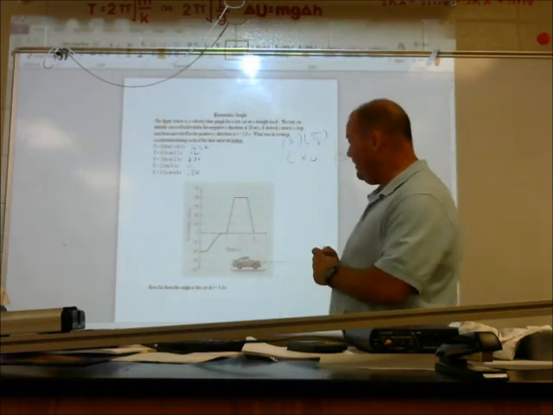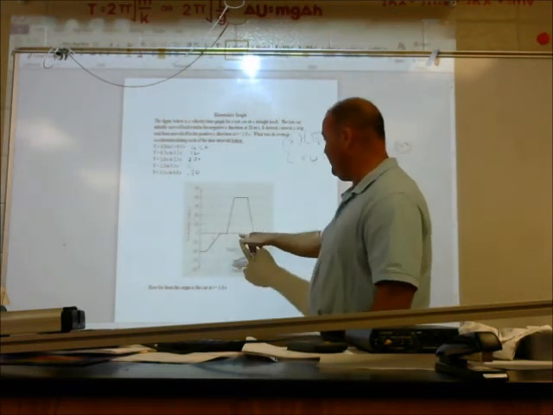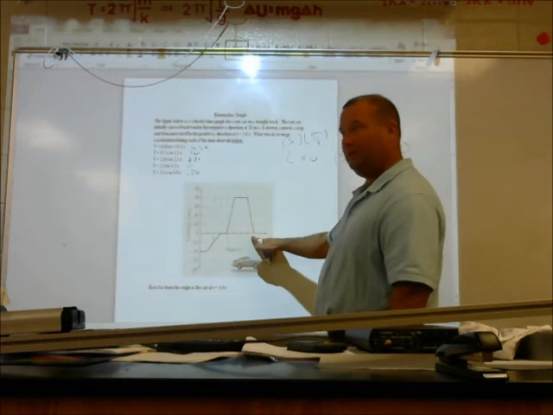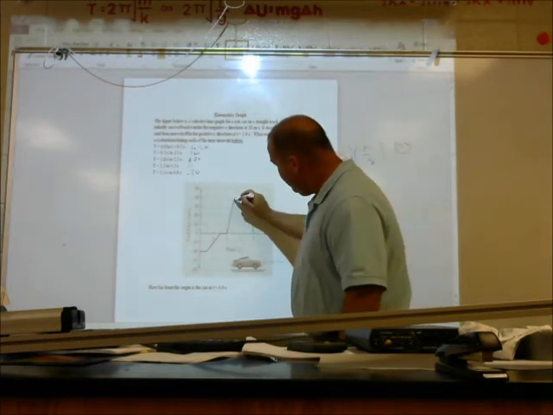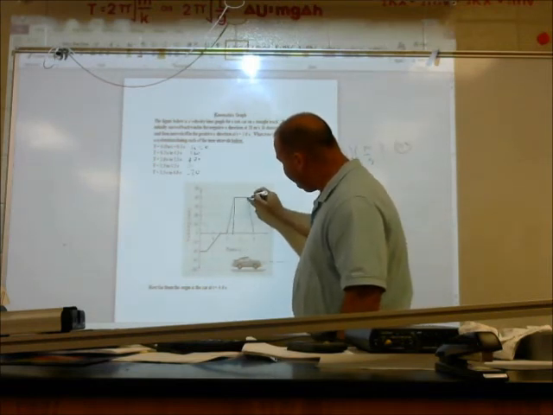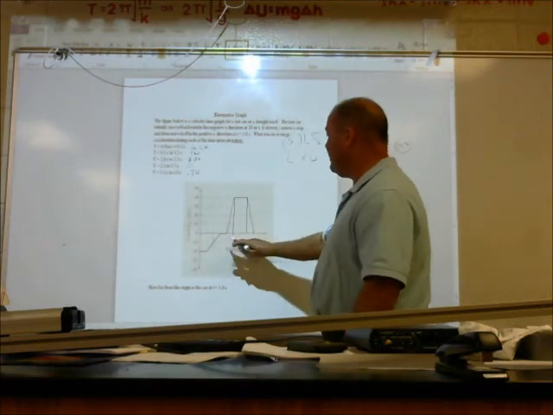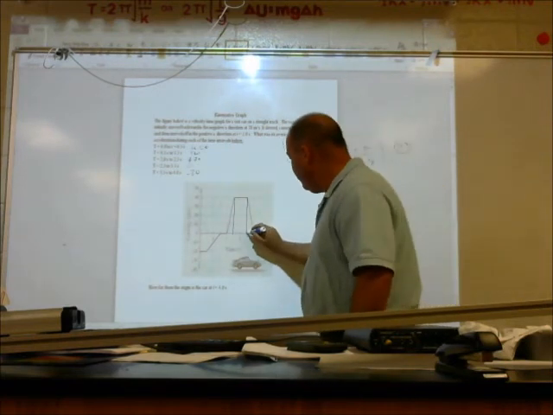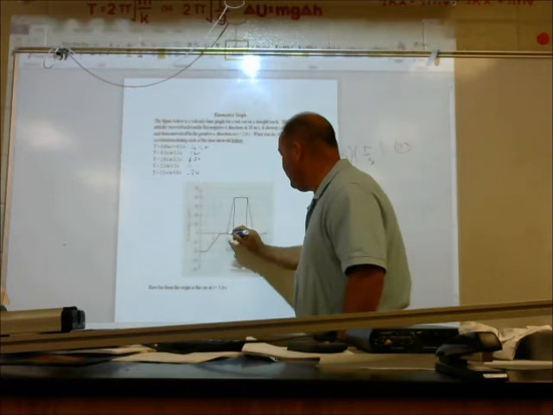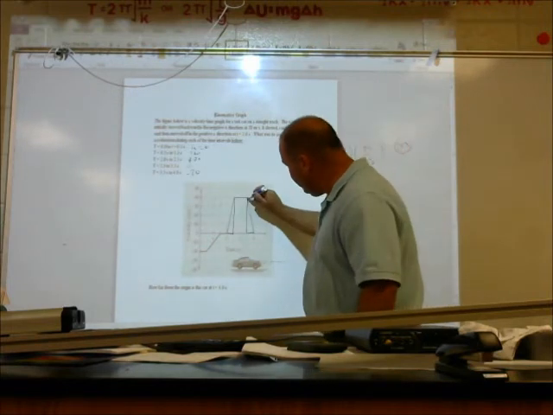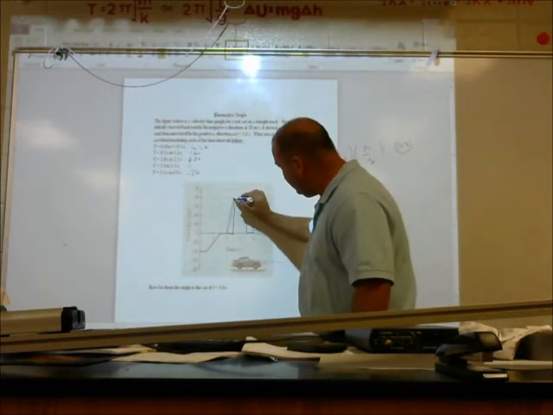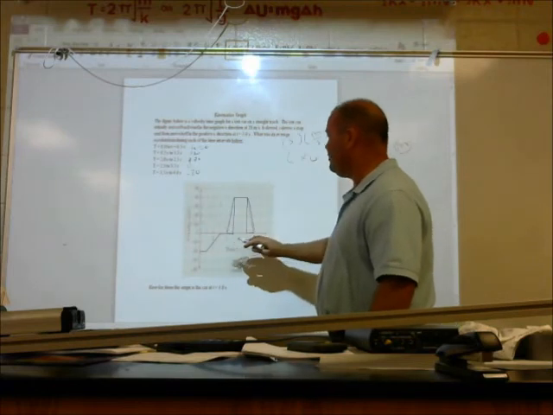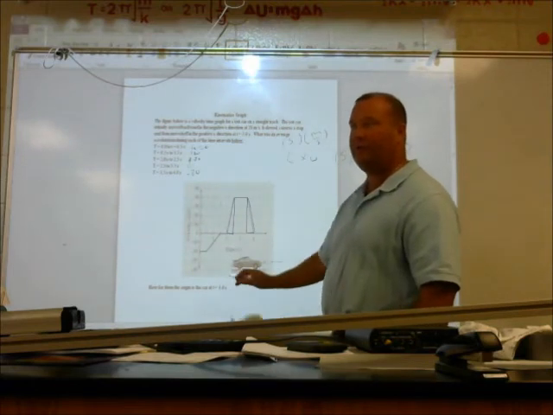So if I looked at, I'll start over here between 2 and 4, for us, I can break that into 3 areas that should be relatively easy to determine the area of. A triangle, a rectangle, and a triangle. Pretty straightforward, right?